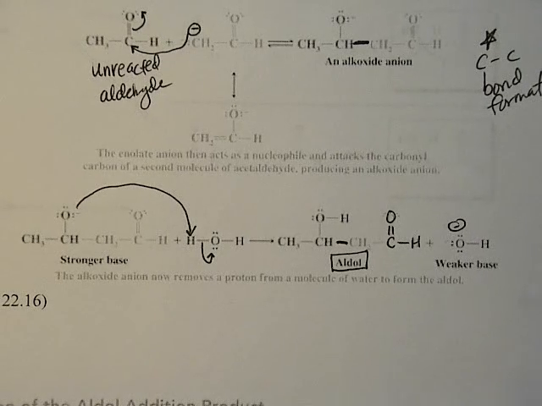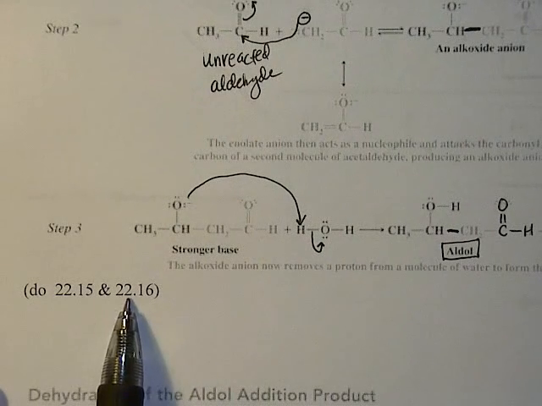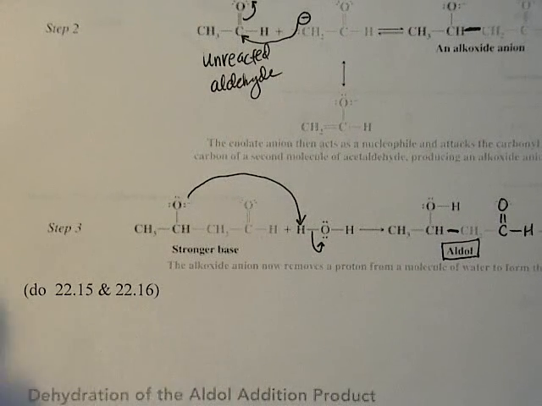All right. At this point, you should be able to do 22.15 and 22.16, which is really going over what the products look like given a starting material, so you get used to drawing these.